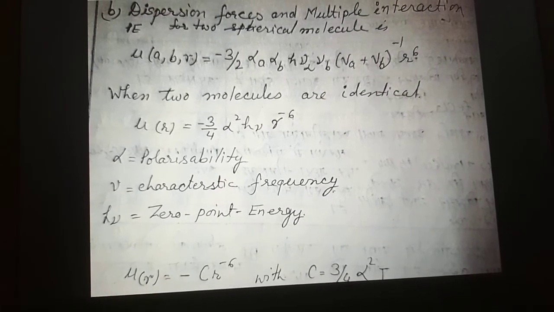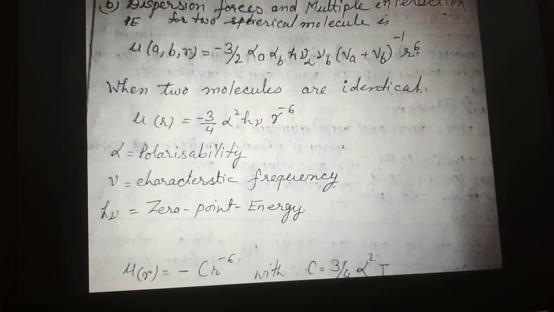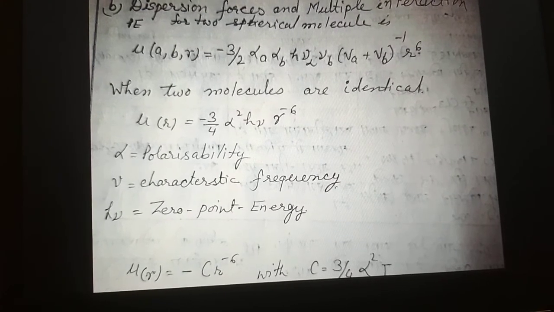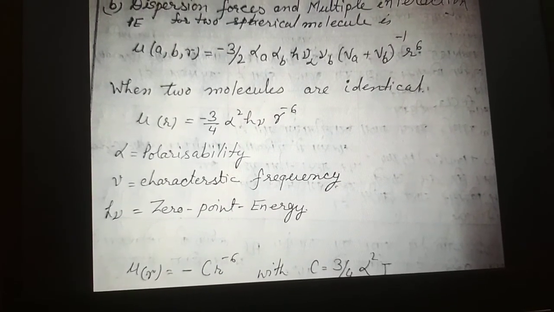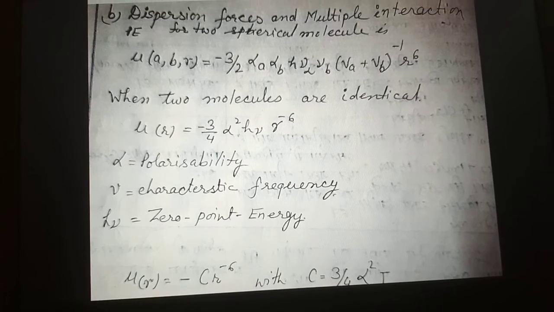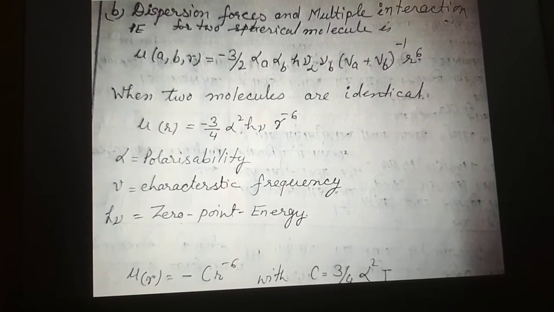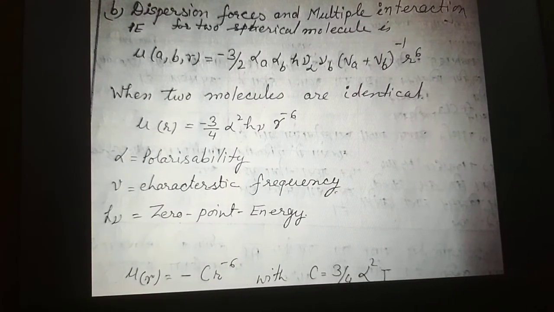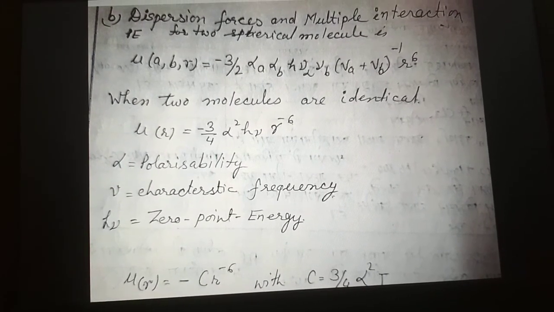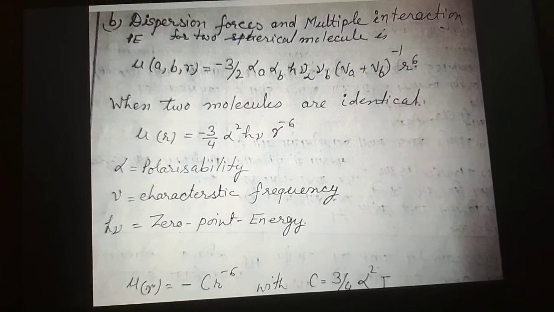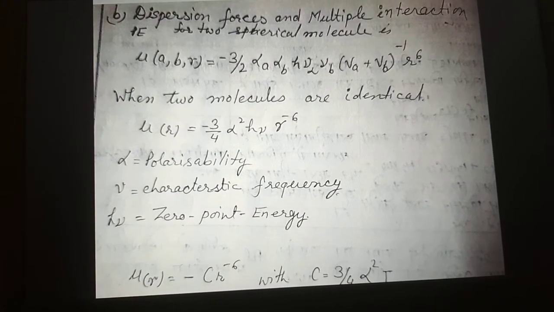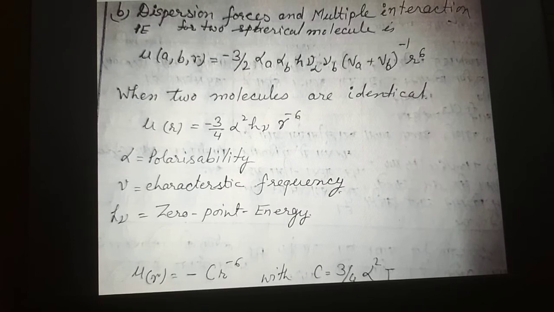When two molecules are identical, u(r) is equal to minus 3 by 4 alpha squared h nu r raised to minus 6, where alpha is polarizability, nu is the characteristic frequency, and h nu is the zero-point energy. The equation is valid for spherical molecules and is in fact the leading term of an expanded series of even reciprocal powers of r, although the coefficients of r minus 6, r minus 10 and so on are not well established theoretically.